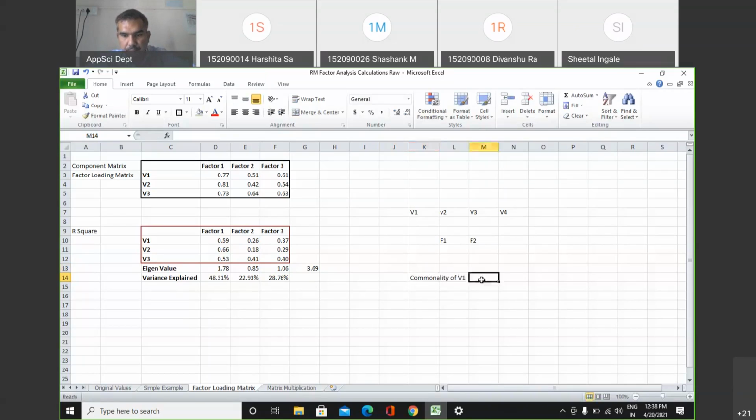That is the part of variance explained by all factors considered.